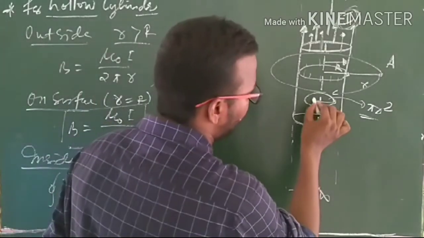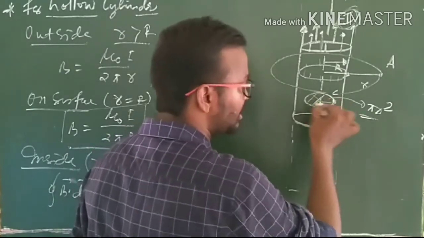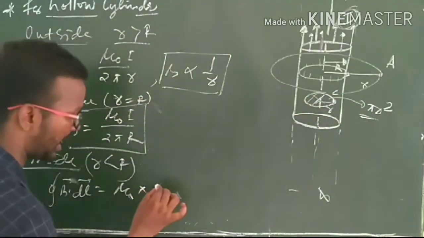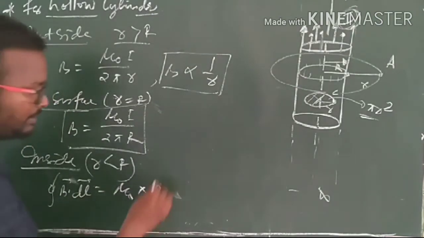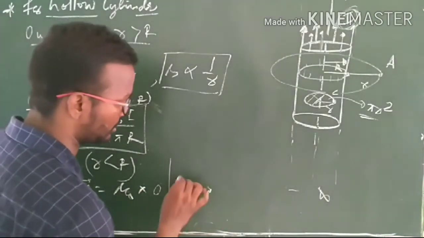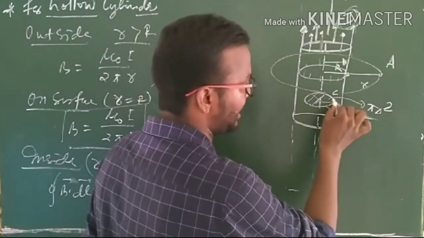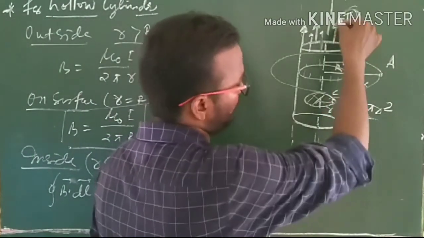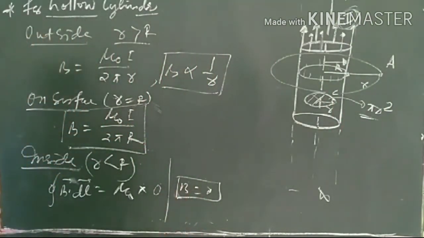Here I enclosed is 0, because this point is inside the hollow cylinder, so I equals 0. Then the magnetic field inside the surface is 0, so B equals 0. That means the magnetic field inside a hollow infinite current carrying cylinder is 0.